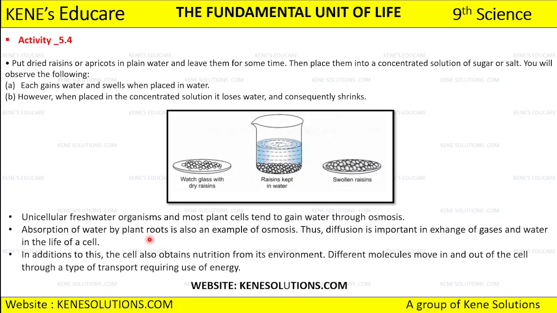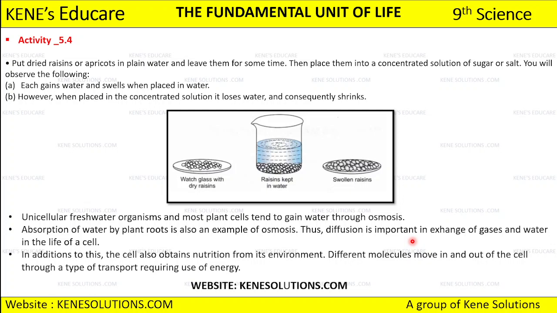Why, because the water is being absorbed by the roots of the plant, so that is also an example of osmosis. So thus diffusion is important when there is an exchange of gases taking place, and when there is an exchange of water taking place, diffusion is a very important concept that comes here in the life of the cell.